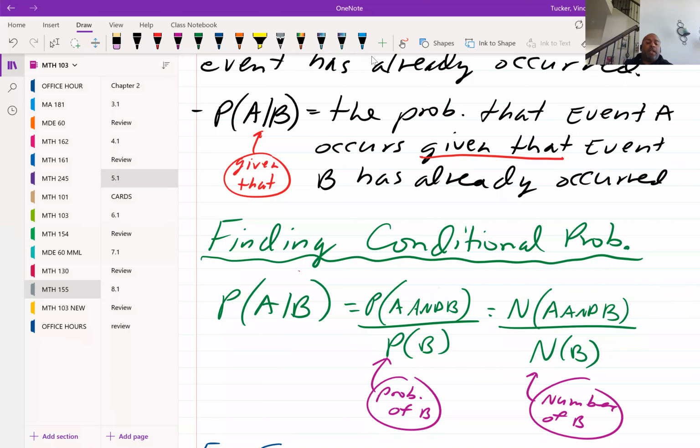They're pretty much the same thing, but it just depends on what information you are given. So if we have a chart that has just the numbers of those categories, like in the chart that we have from 5.2, we'll be looking at the number. But if we actually have the probabilities, you can place the probabilities and set them up in the same fashion. So in the first one, the probability of A and B over the probability of B, or the number of items or objects in A and B over the number of items in B.